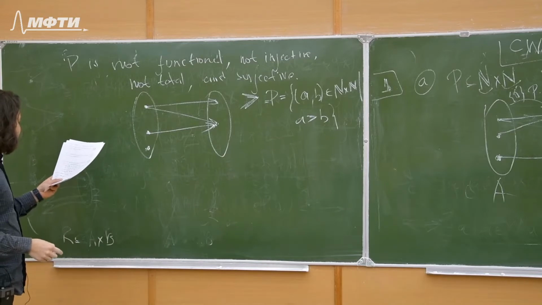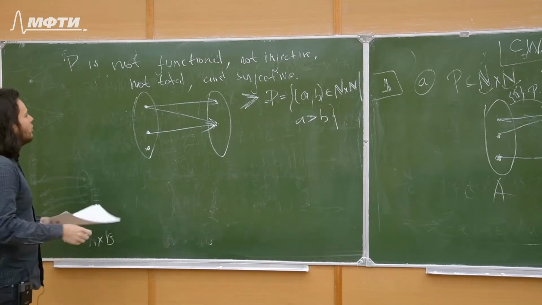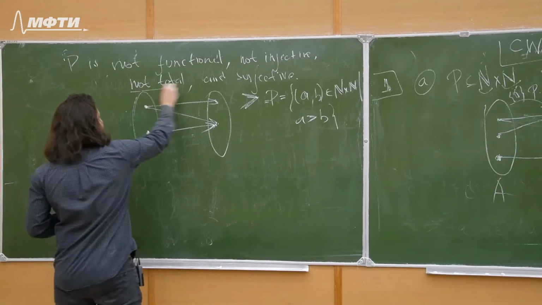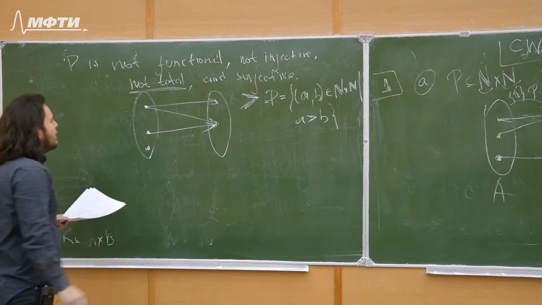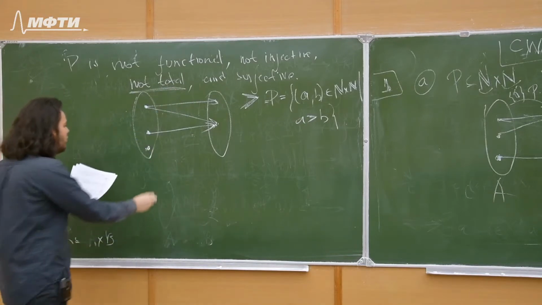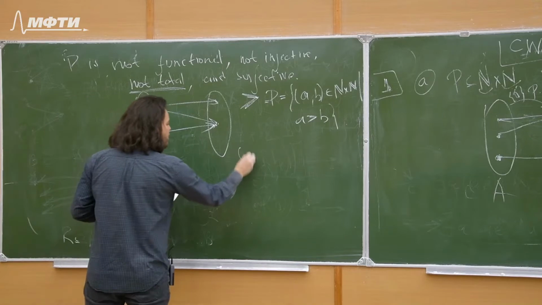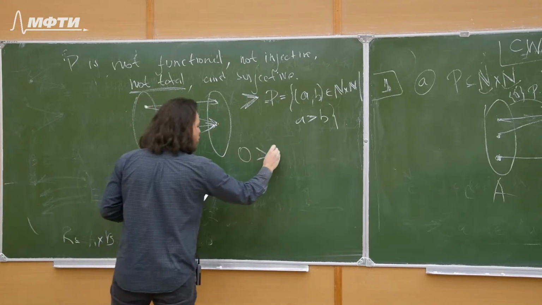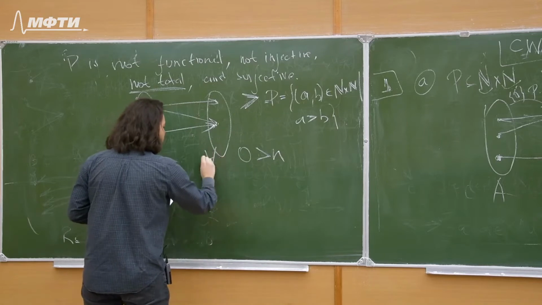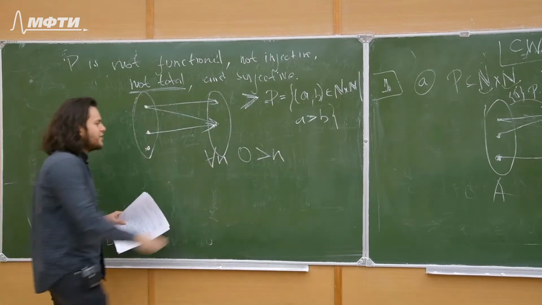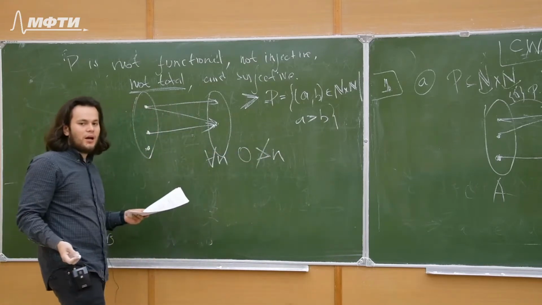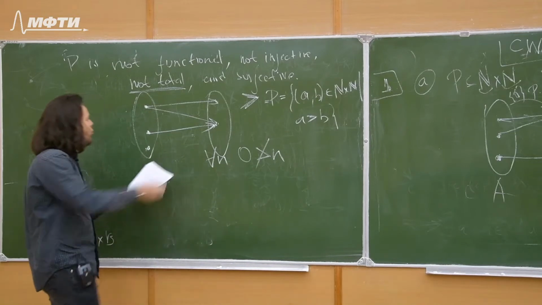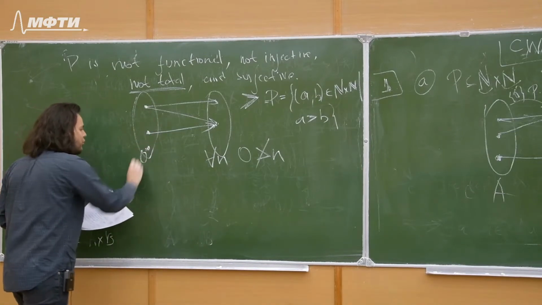So this is not total, because for 0, for any natural n, 0 is not greater than n. So we have here 0, for example.